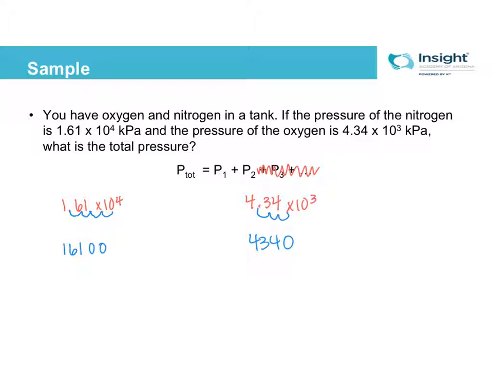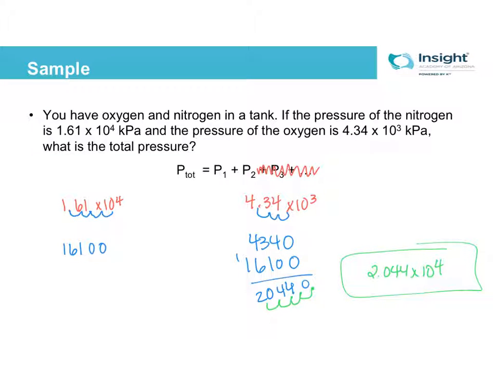Now I can easily add these two numbers together: 16100 plus 4340 is 20440. Then you have to put this back into scientific notation to get your final answer. 2, 3, 4. It's going to be 2.044 times 10 to the, how many times did I move that? 1, 2, 3, 4. So there's your total pressure. Remember, we just added those.